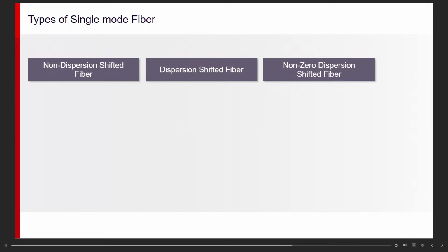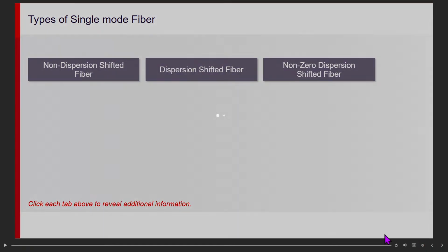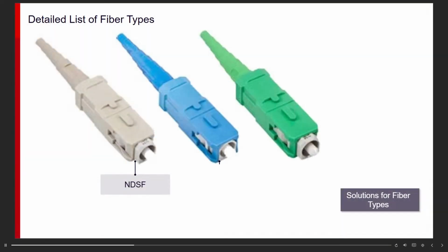Their respective ITU specifications are ITU G.652, ITU G.653, and ITU G.655. Roll over each type of fiber to see a detailed list of fiber types.